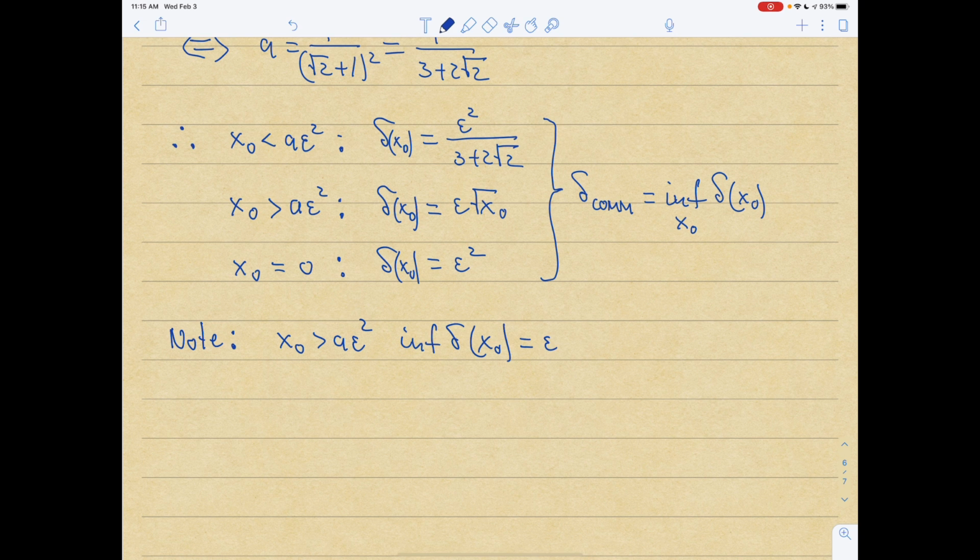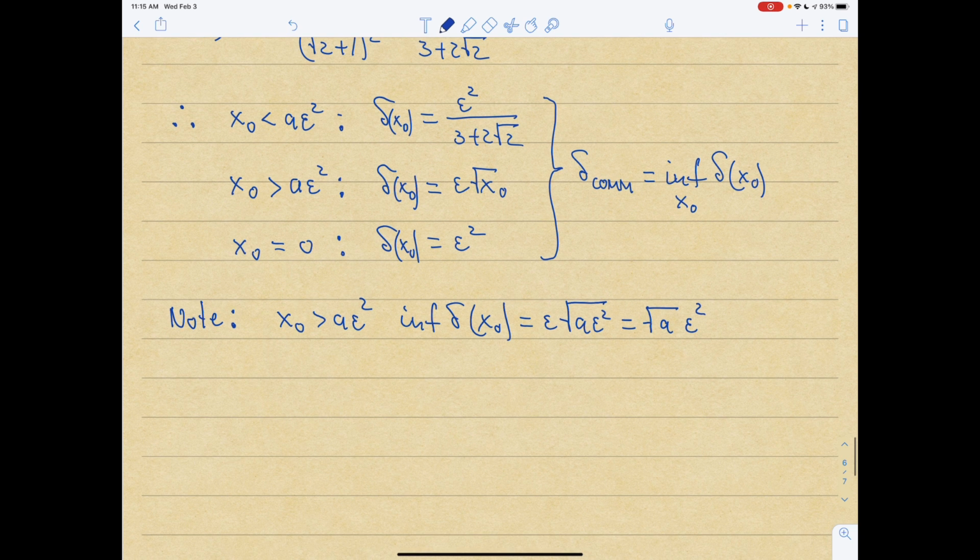So this should be epsilon times radical of a epsilon squared. So this is square root of a times epsilon squared, right? So let me make sure that this is right. So if x0 is that, square root of a times epsilon squared indeed. So the smallest of these numbers in the middle is square root of a times epsilon squared.